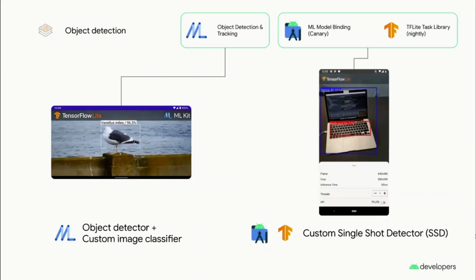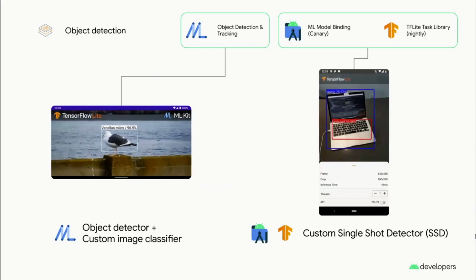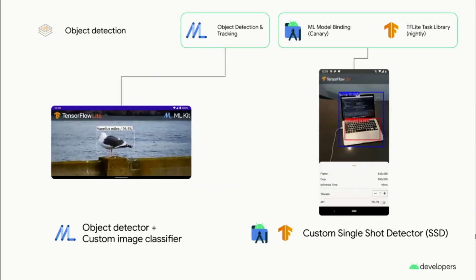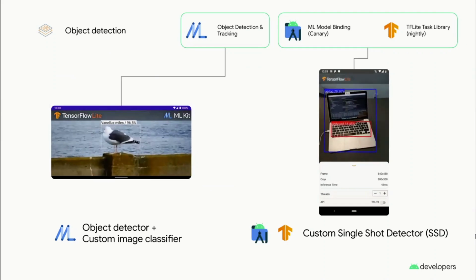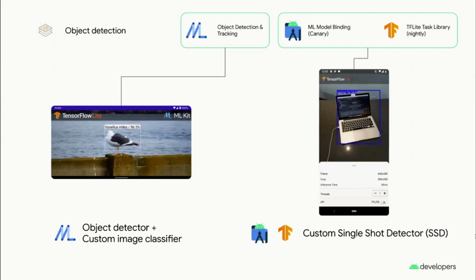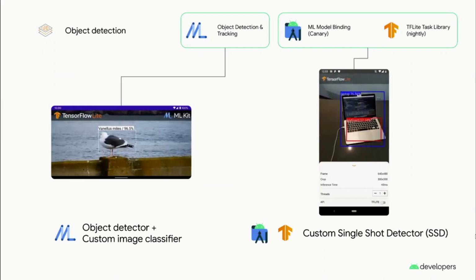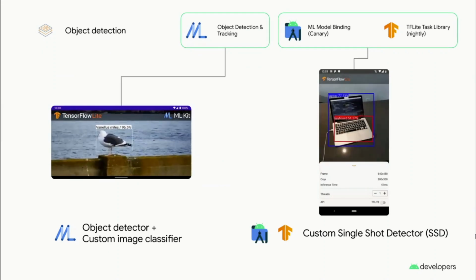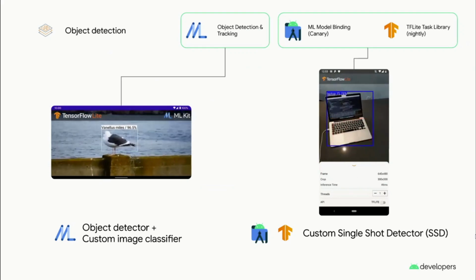So in real life, which one should you choose? If you have a live use case, where you're trying to give feedback to the user in real time about what is happening, in a streaming video mode, then I would strongly suggest you try out the ML-Kit object detector way, because it doesn't run the classifier on every single frame.